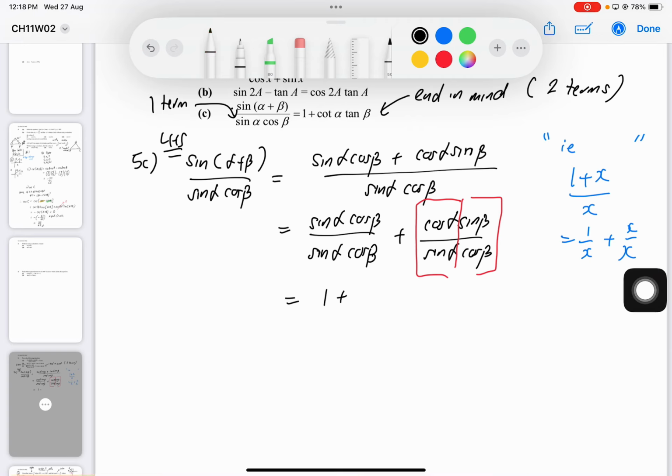So this will be plus cotangent alpha. Sorry, not cos, cotangent, COT. Sine beta over cos beta is tangent beta, the right hand side. Okay, like that is 3 marks. 3 steps. Alright, any questions?